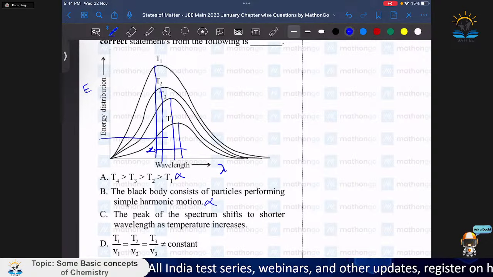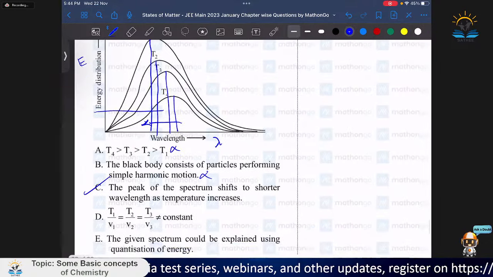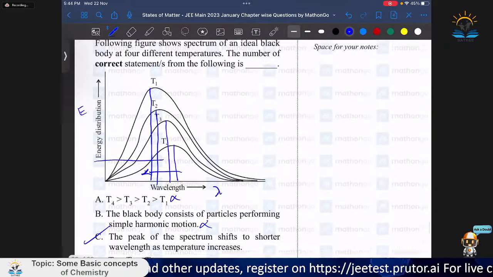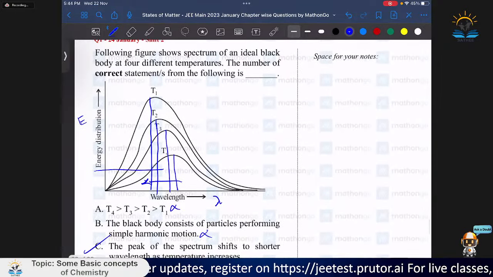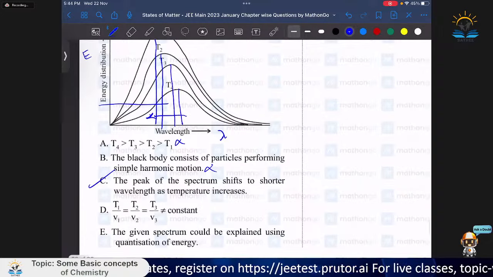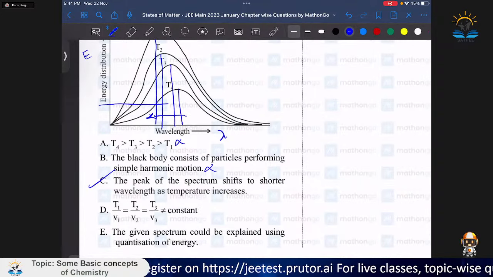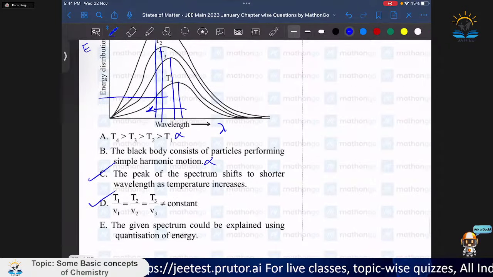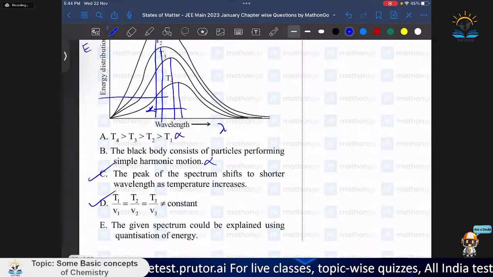This is absolutely correct. T1 by V1 equals T2 by V2 equals T3 by V3 is not constant, so they are saying that gas laws are invalid for a black body. What do you say? I say it is absolutely correct. They are gas laws, they don't hold true for a black body.